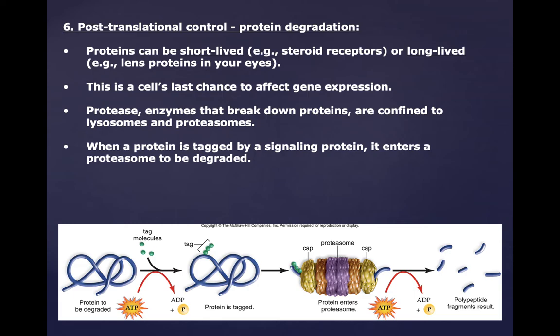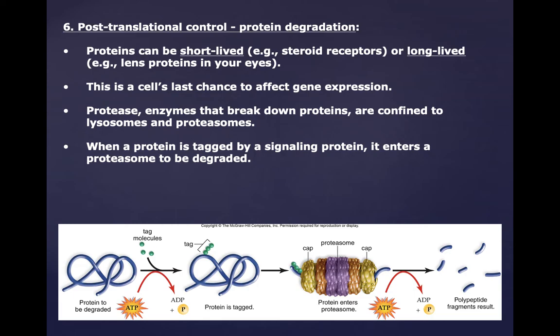Of course, for that case, we have the actions of our degradatory enzymes. We have proteases, which are essentially enzymes that break down peptides, break down proteins. They can be found normally in our lysosomal vesicles and also the proteasomes.